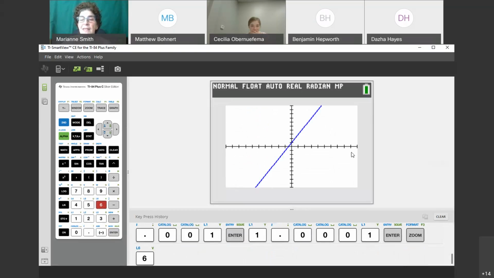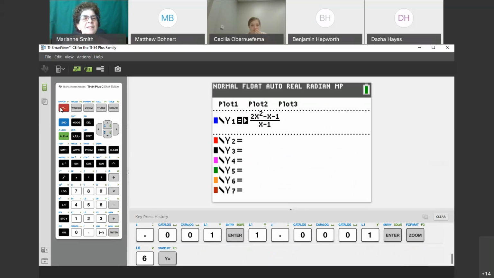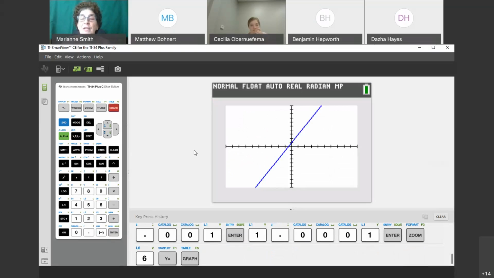It looks linear, right? But you know it's not linear. We plugged it in over here and you can see it's for sure rational. So again, look at x equals 1. Plug in that x value and see what the y value is.